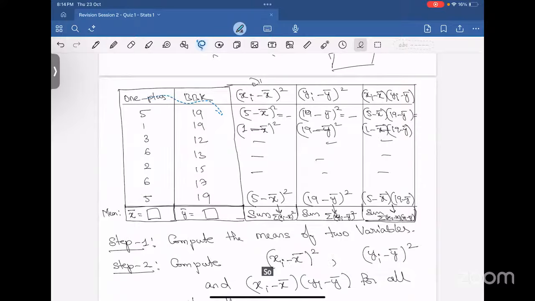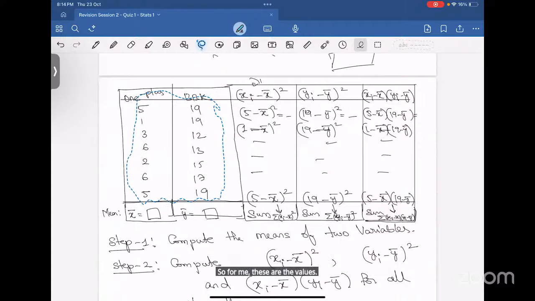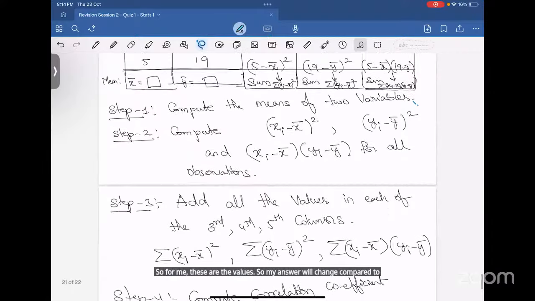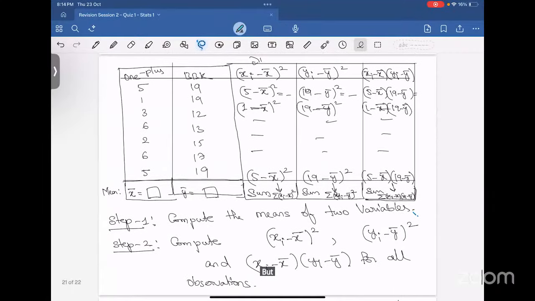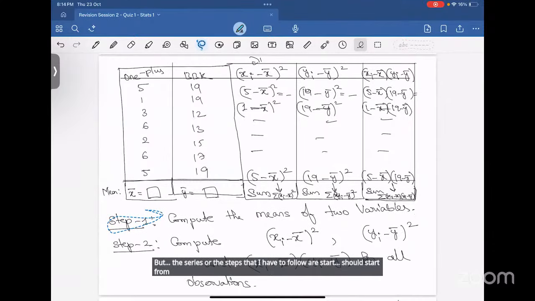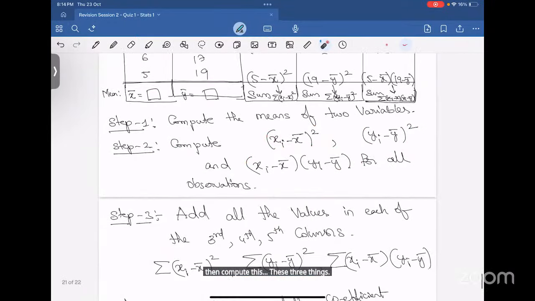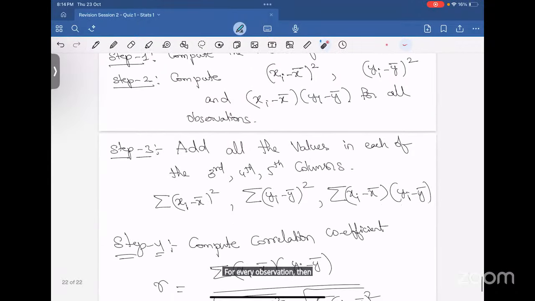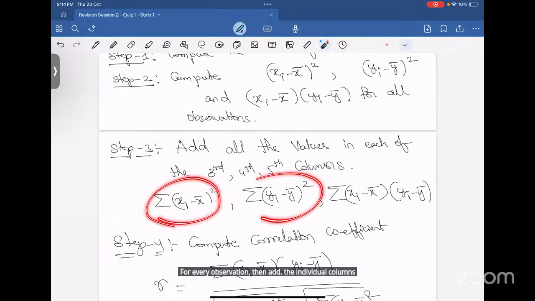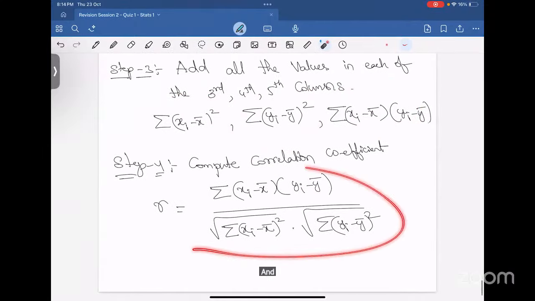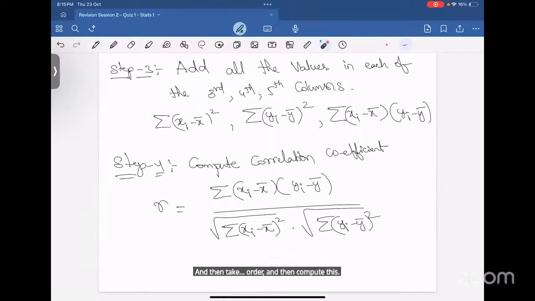So for me, these are the values, so my answer will change compared to your answers. But the steps that I have to follow should start from computing the mean. Then compute these 3 things for every observation. Then add the individual columns to get these. And then compute this. Okay.